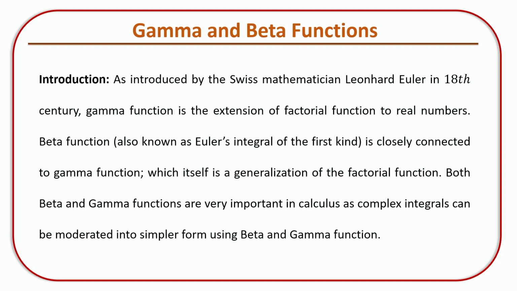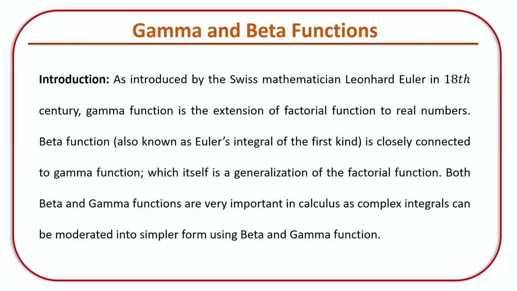Gamma function is believed to be the extension of the factorial function. So, most of the problems you will see including the gamma function use the factorial notation, right. Gamma function is an extension of the factorial function to real numbers, and beta function is known as Euler's integral of the first kind.